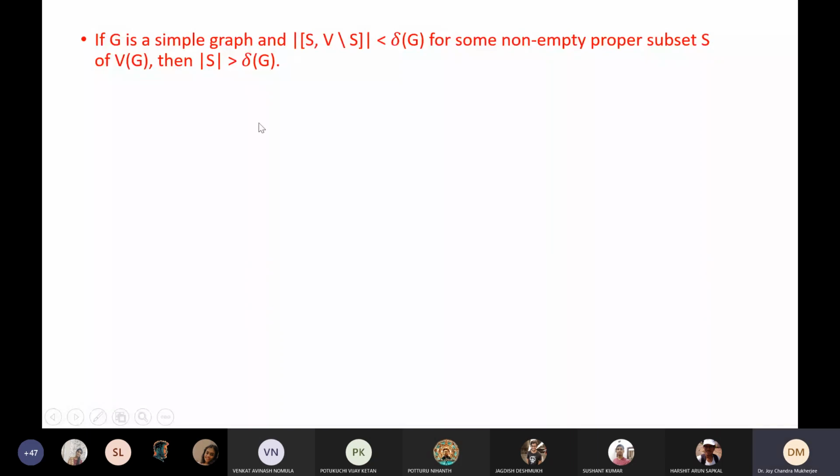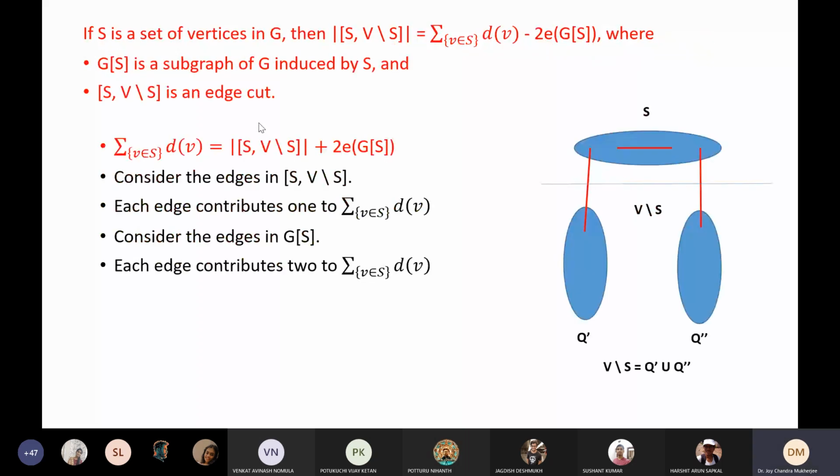We will use the earlier theorem as our starting point.